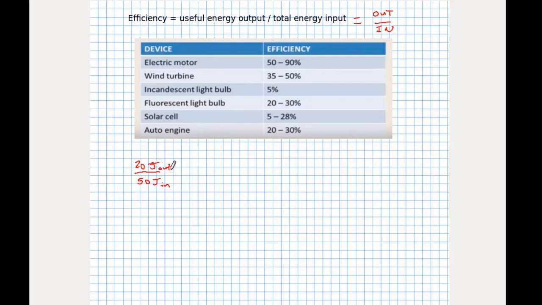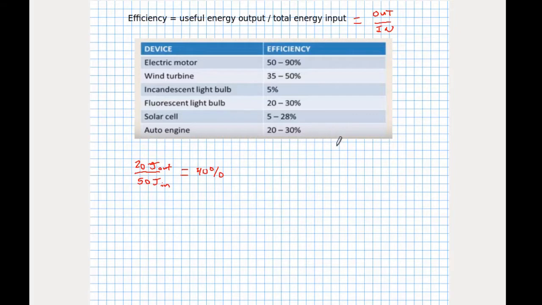You only get 20 joules of useful work back out. That would correspond to 40% efficiency, because 20 divided by 50 is 40%, 0.4. So if you're trying to figure out the efficiency of something, you have to ask yourself, how much energy did you put in? How much energy did you get out? Divide them and you get the percentage.